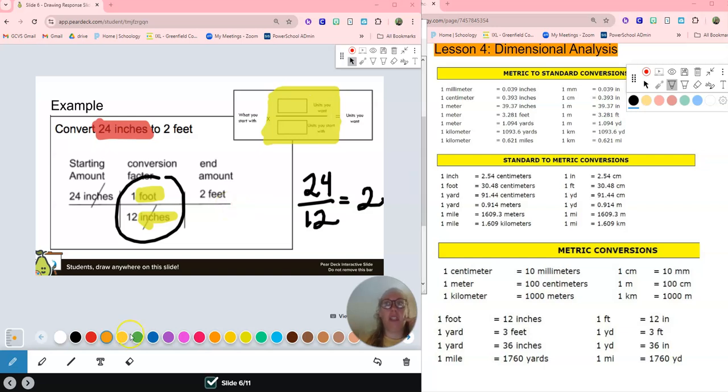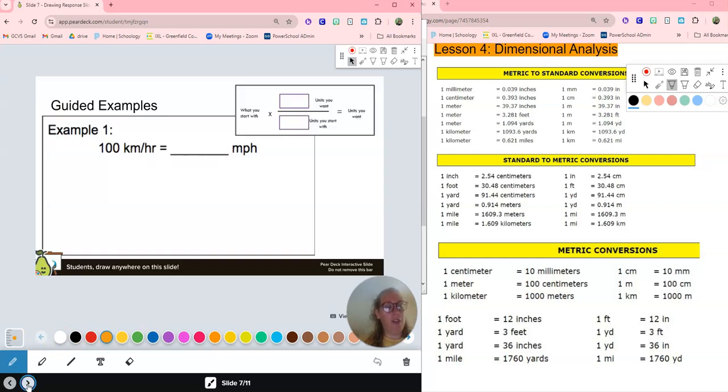Let's look at slide 7 and do an example. So we have 100 kilometers per hour equals how many miles per hour? So following our flow up top here, first thing we're going to do is write what we start with.